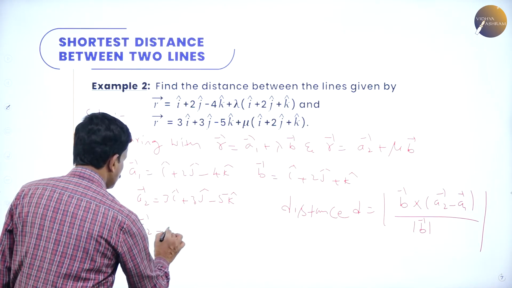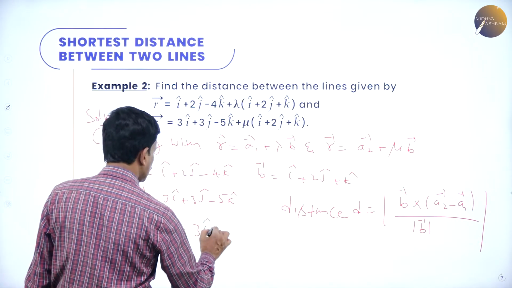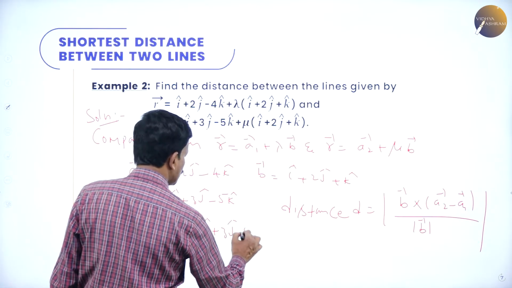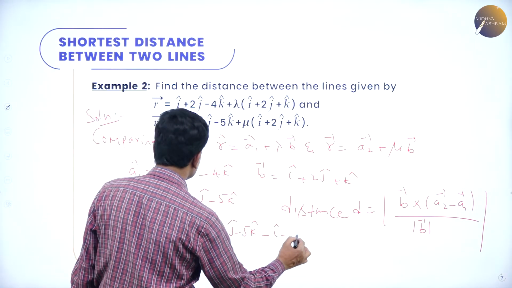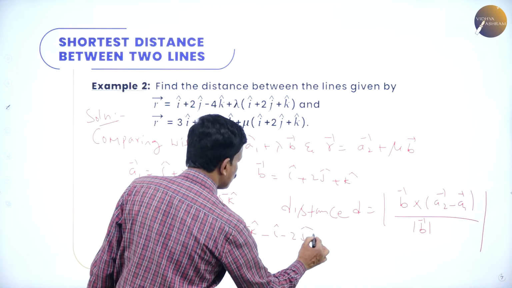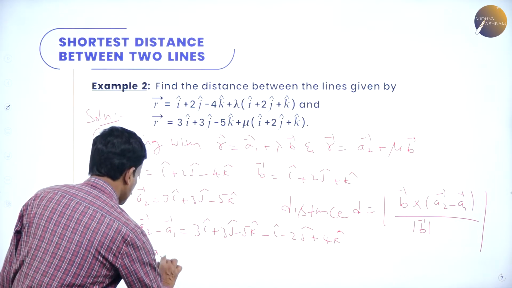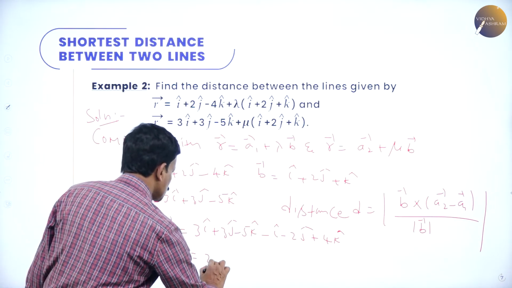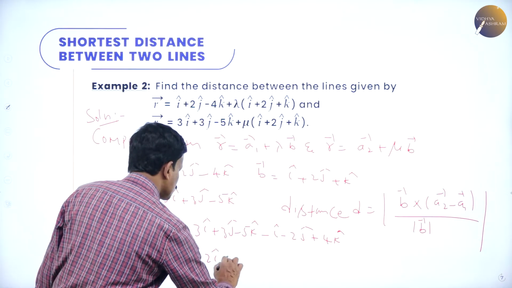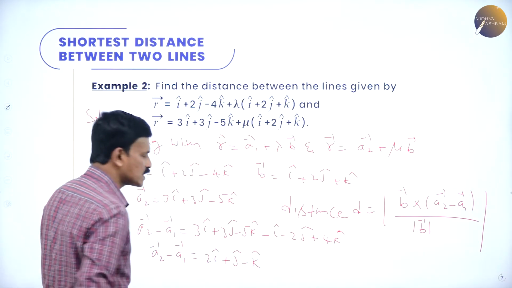Vector A2 minus vector A1 can be written as 3i plus 3j minus 5k cap, minus, multiply by negative sign, minus i cap minus 2j cap, minus into minus plus 4k cap. So therefore vector A2 minus A1 is equal to 3 minus 1 is 2i, 3j minus 2j is plus j, minus 5k plus 1 is minus k.